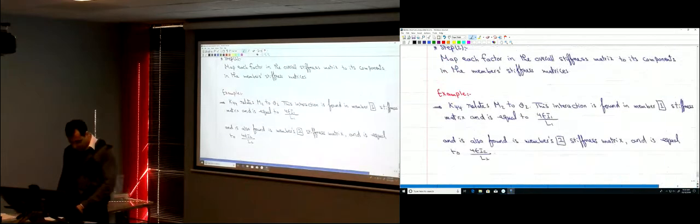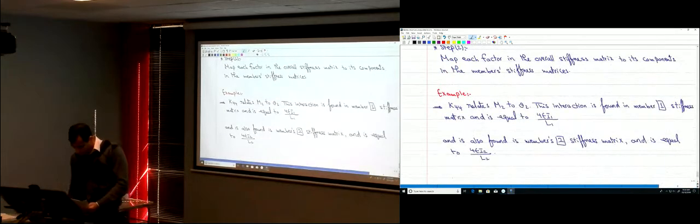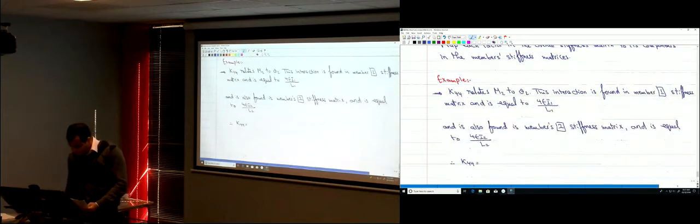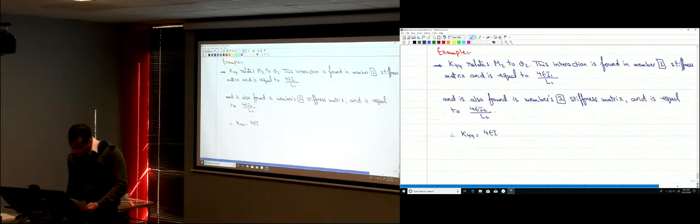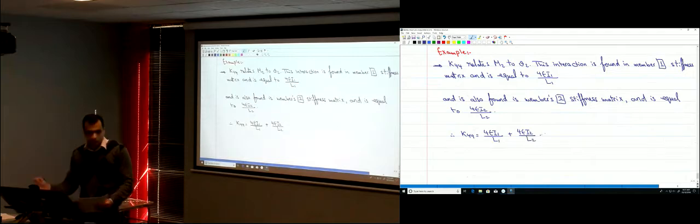So, therefore, K44 is equal to the summation, 4EI1 divided by L1 plus 4EI2 divided by L2.